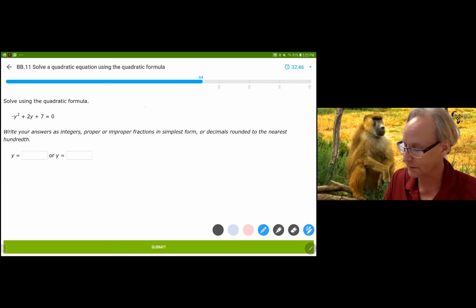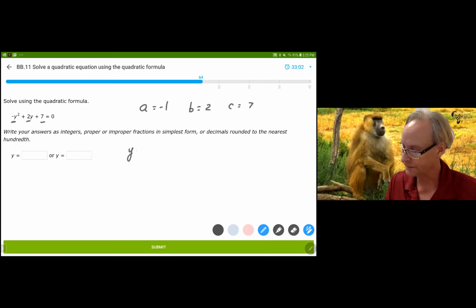This is definitely non-factorable. So a is -1. Remember, there is a 1 in front of there, even though we don't see it. b is 2, and c is 7. So let's put it in.